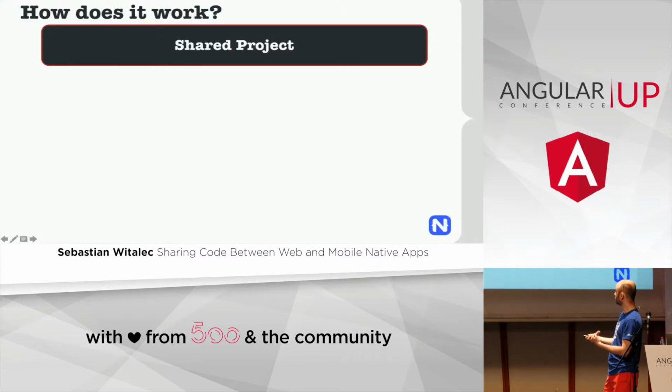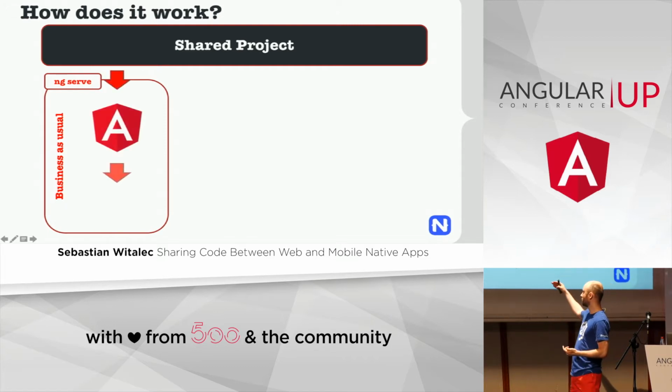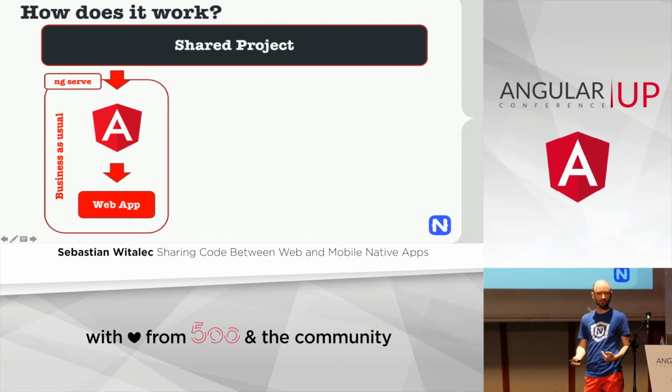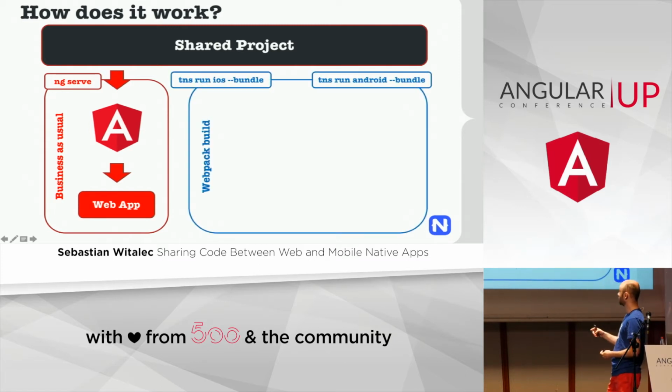And the way this works is you have this shared project and you want to build the application. For building a web application, just call ng serve, and it's business as usual. This will just go to Angular CLI and build your web app. To build a mobile application, we're still using the NativeScript CLI, so TNS is for the NativeScript CLI.